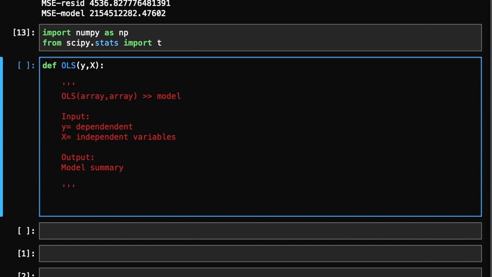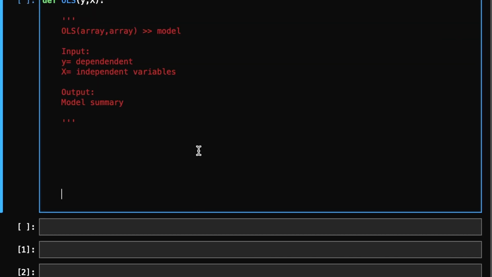Right. So the first thing that we are going to do is estimate beta of all the covariates. I'm going to use linear algebra, which is the x prime x inverse times x prime y formula. I'm going to use numpy.linalg.solve instead of the inverse because solve is computationally less cumbersome in Python than doing an inverse of a matrix.